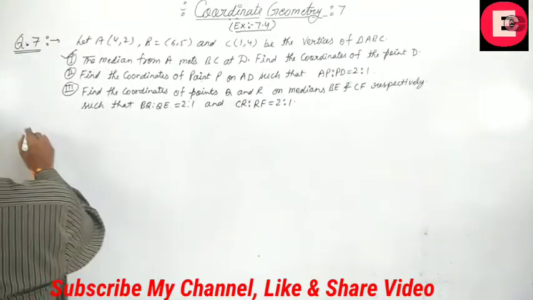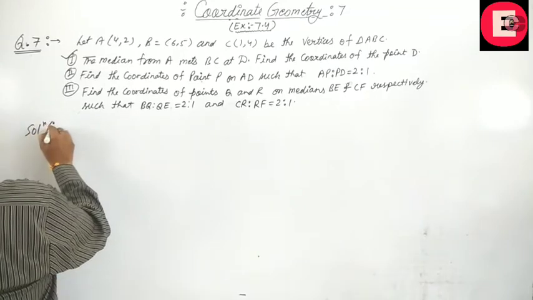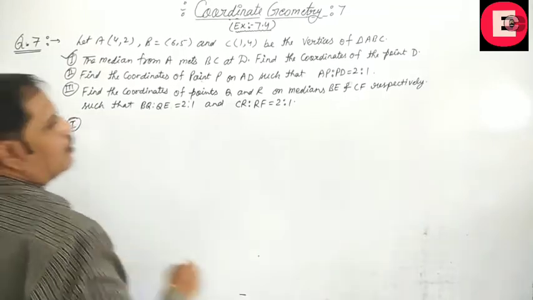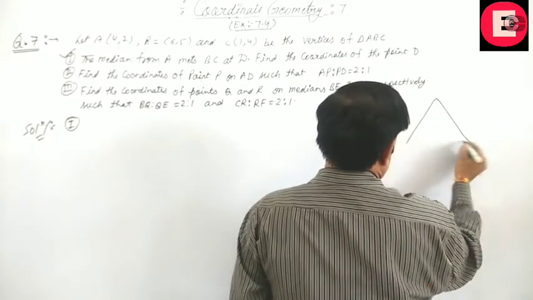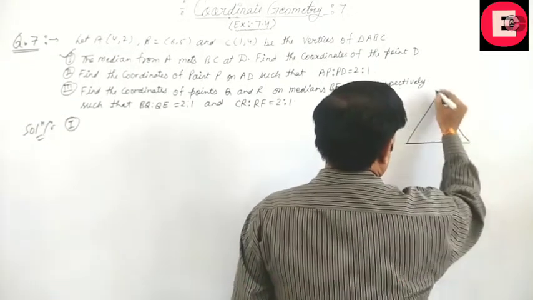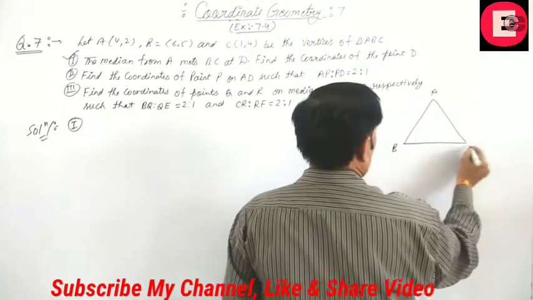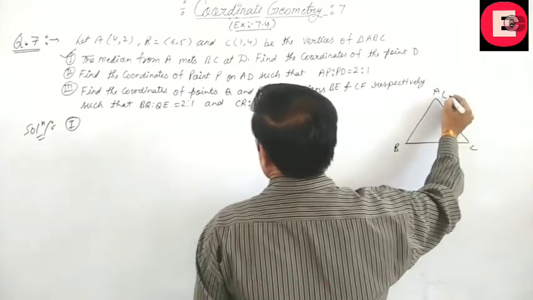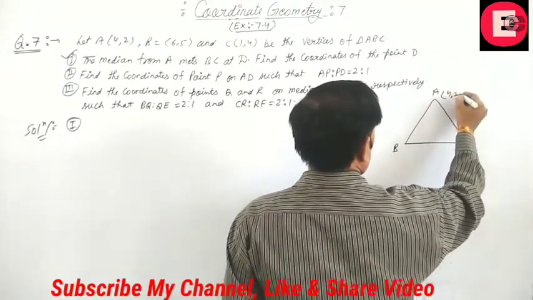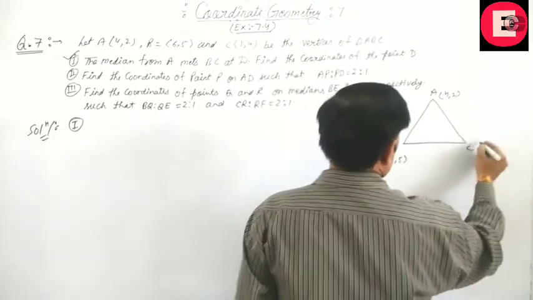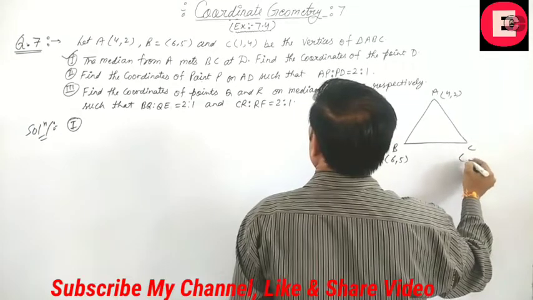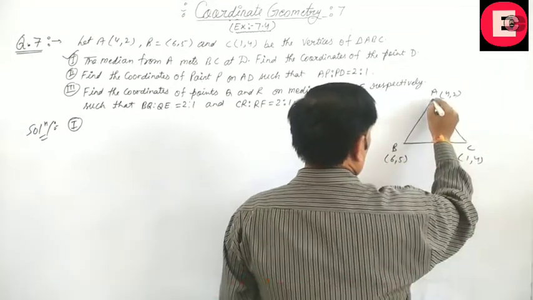Now let us draw a triangle whose vertices are A, B and C, with the coordinate of A (4, 2), the coordinate of B (6, 5) and the coordinate of C (1, 4).